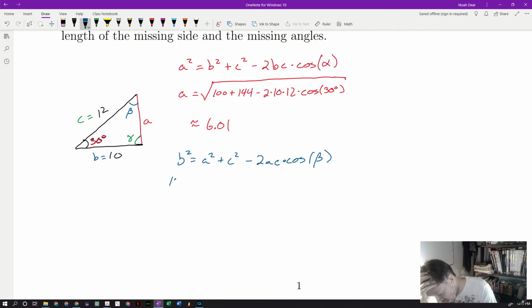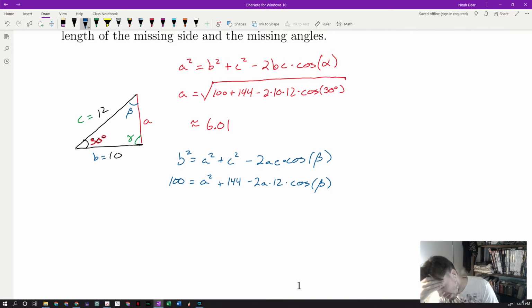So b is 10, so b squared is 100 equals a squared, I'll leave that as just a squared for now, plus c squared is 144, minus 2 times a times c, which is 12, times the cosine of beta.